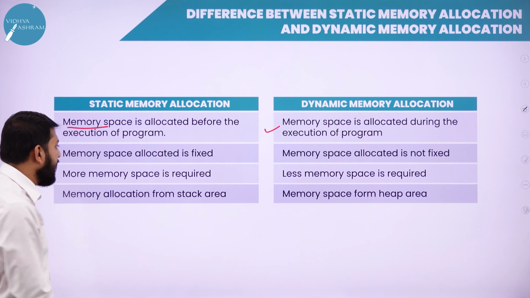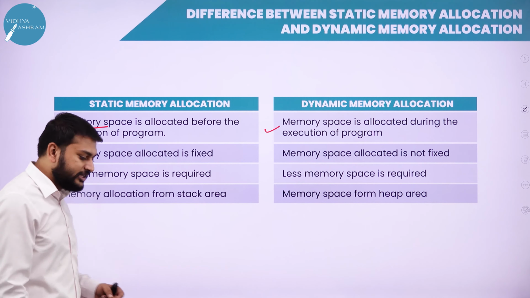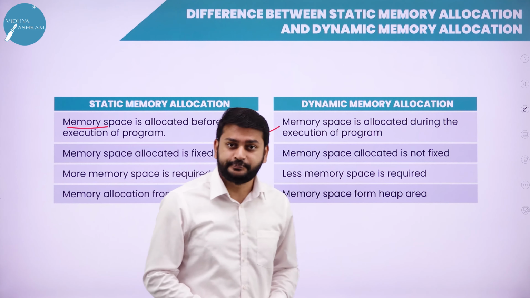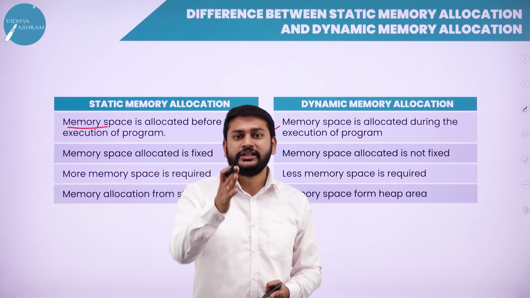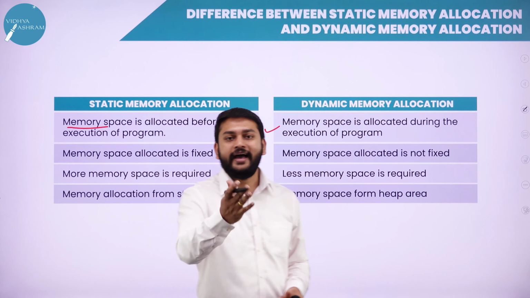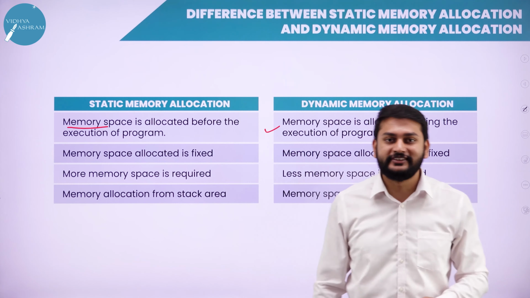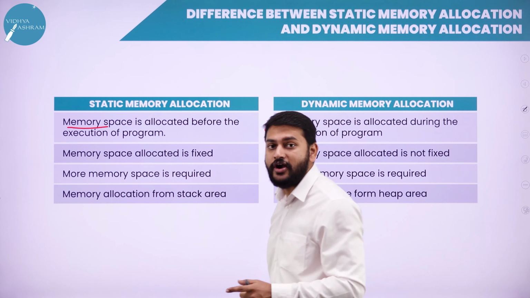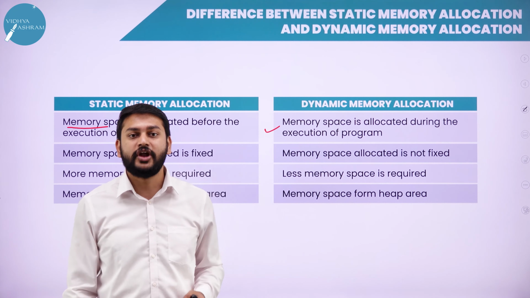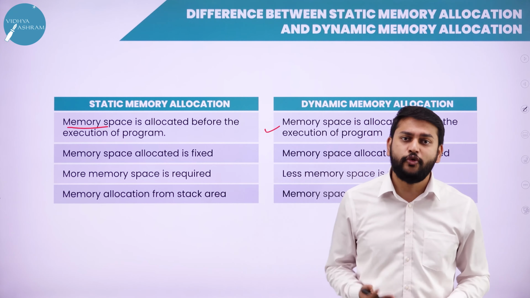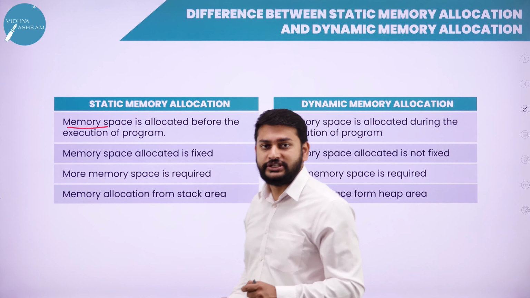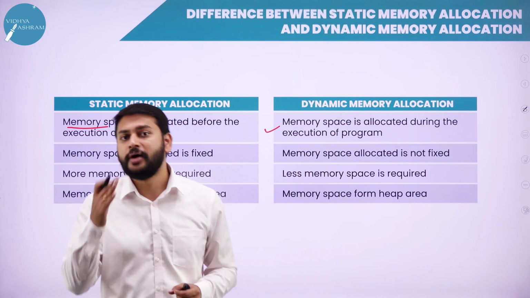What is the second point? Memory space allocated is fixed, as I told you in the beginning with an example. How many sheets you get before you start the exam, that is fixed. After that, if you want extra, I will not give you. But in dynamic, it is not like that. If you want additional sheets, however many you want, that many additional sheets will be provided until you complete the exam.